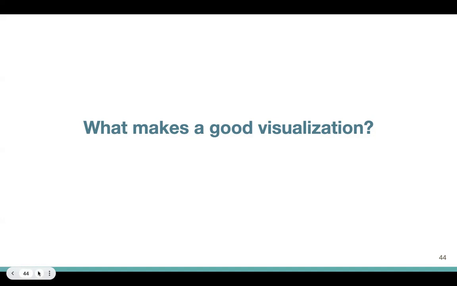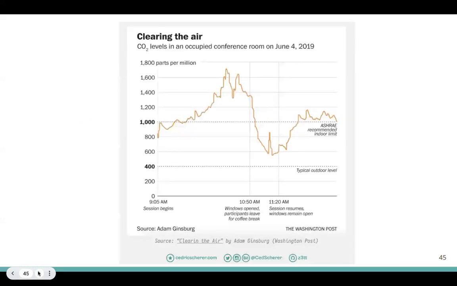Nonetheless, there are some rules of thumb, some heuristics that you can adhere to that can greatly improve the data visualizations that you make. So we'll summarize with this example. Again, I'll give you a couple of minutes to think about what makes this a good data visualization. You can pause your video and think about it.